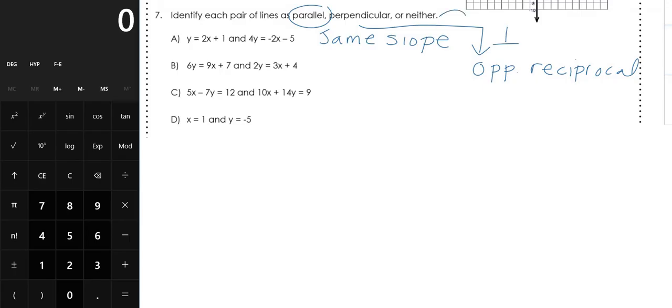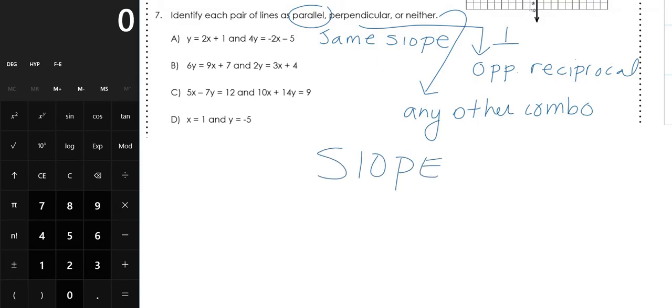And then the last one, neither, well, that would be any other combo. So if they're not the same and they're not opposite reciprocals, then they're neither. Okay? So the key here is we care about slope. Now let's go through each choice and figure out if they're parallel, perpendicular, or neither.